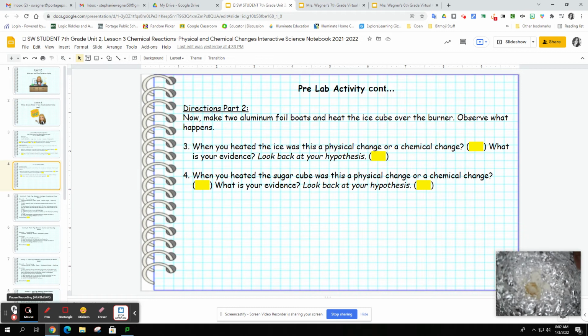Okay, so here we have a change, right? We changed our marshmallow. Looks like we have a color change. I can tell you I can smell like toasted marshmallow, like if it were over a campfire.